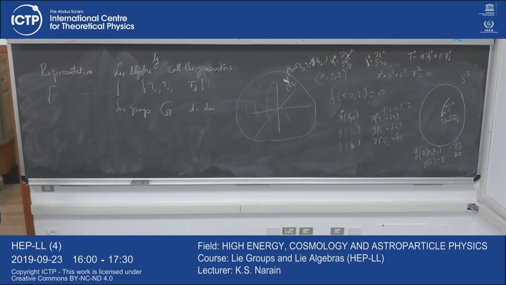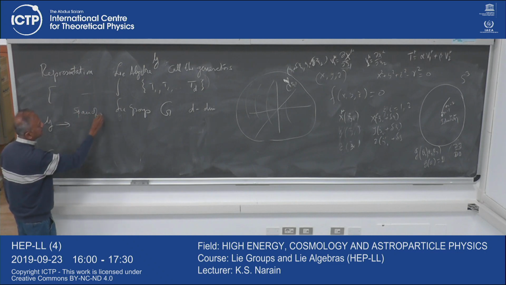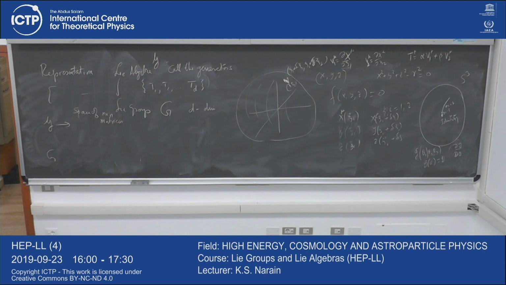Now, what does representation mean? It means you map the Lie algebra G, and the same statement holds for the Lie group G, to the space of n by n matrices. Now, what kind of a map is it?